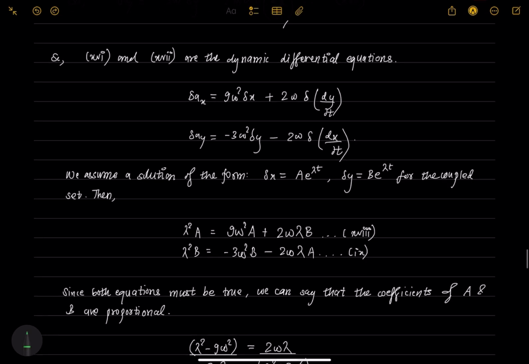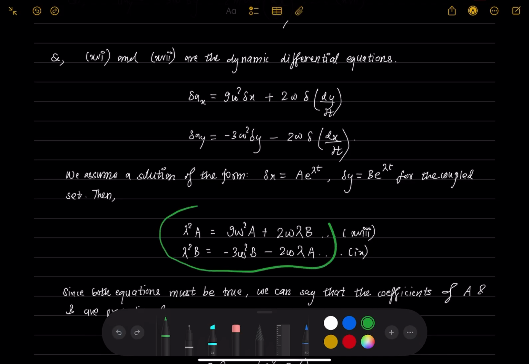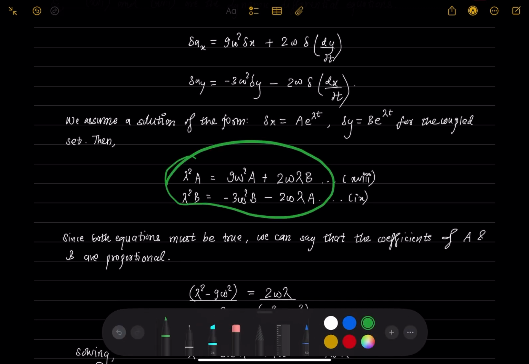And when we plug these solutions into their corresponding differential equations, we obtain certain conditions that a and b must satisfy along with lambda. And since these two conditions have to yield the same possible values for a and b, their coefficients have to be proportional.